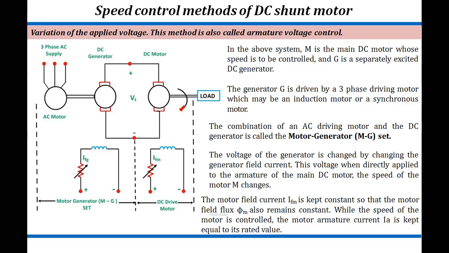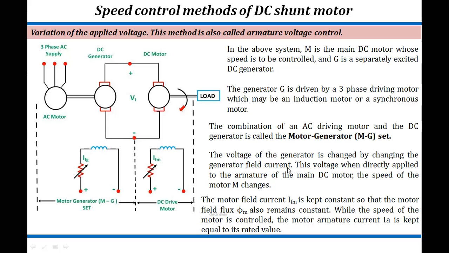The voltage of the generator we can change by changing the generator field current, because when we are supposed to control the speed, we are supposed to control the voltage, since we are looking at variation of applied voltage. If we want to control that voltage, we can do it by controlling the field winding. We are connecting a rheostat in series with the field winding, so we can control the value of voltage.